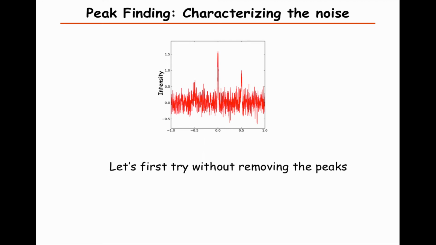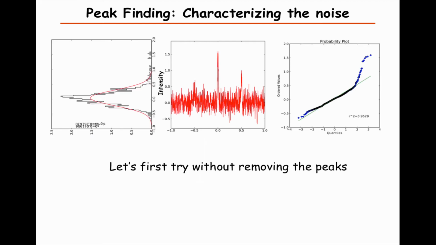Now the easiest way is we can just ignore the peaks. They're there, they're just a few, 3 small peaks, the rest is noise, maybe we do fine. So we can just see, and what we see is that it works pretty well, but we have this quite ugly deviation in the normal probability plot that is due to the peaks.